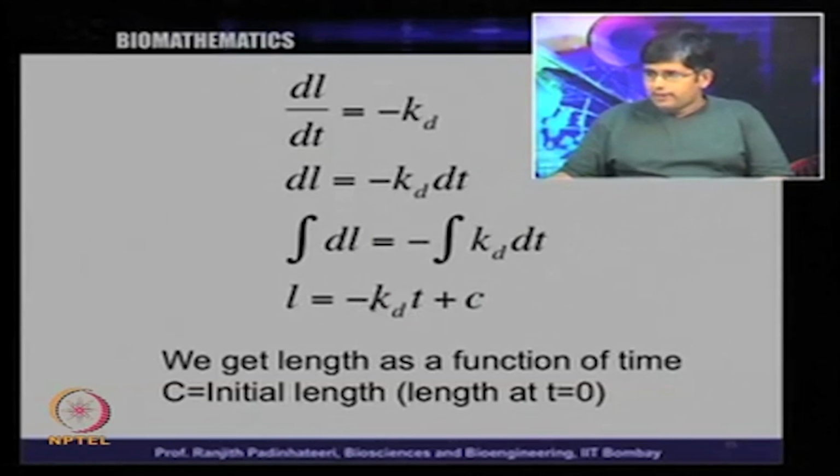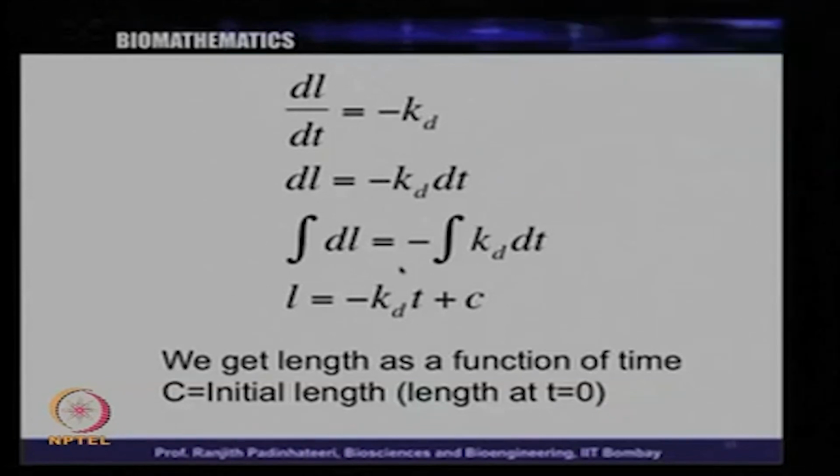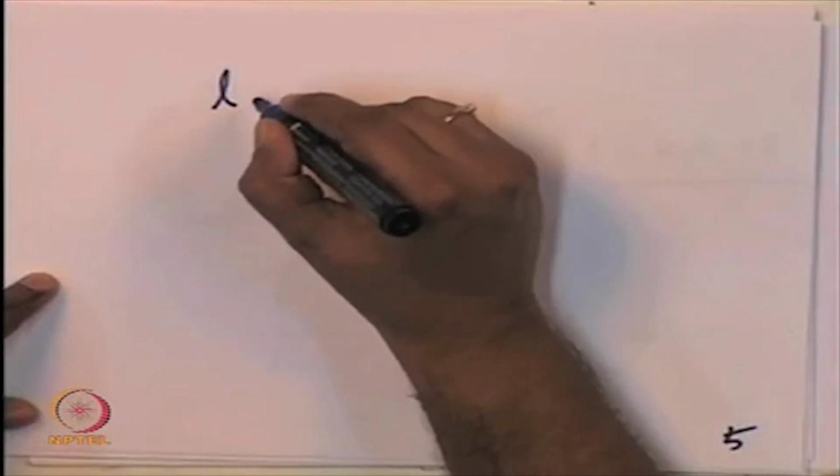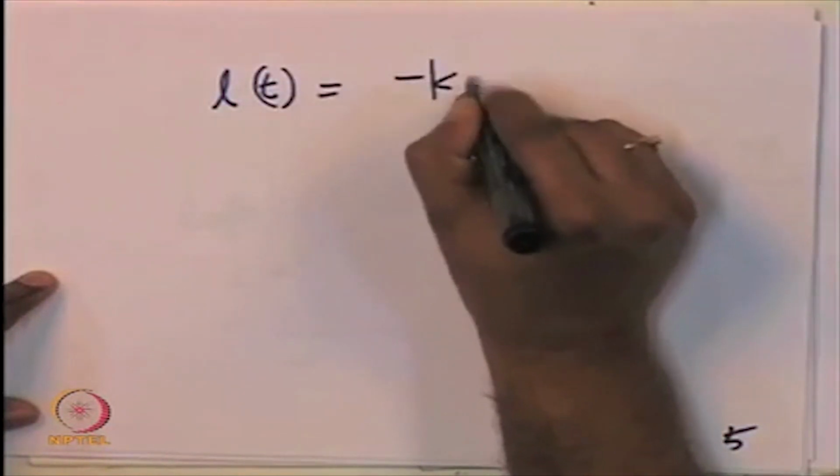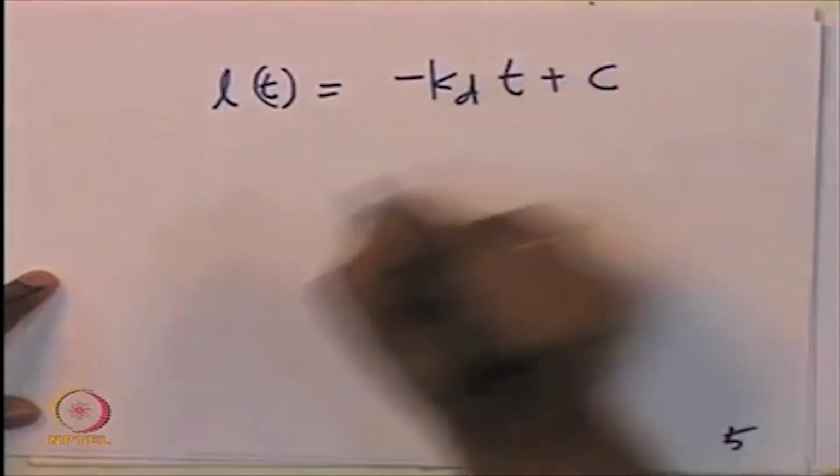What does that mean? Let us have a look at what that means here. We have L as a function of time, which is minus Kd t plus c.